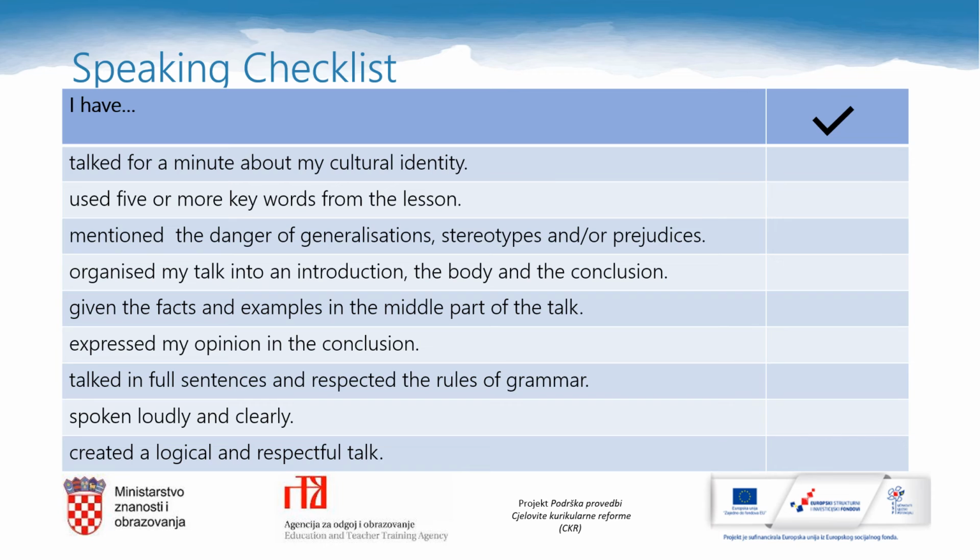Have you mentioned the danger of generalizations, stereotypes, and prejudices? Is your talk in 3 parts? First, the introduction, then the body in which you give the facts and examples, and the conclusion in which you give your opinion.